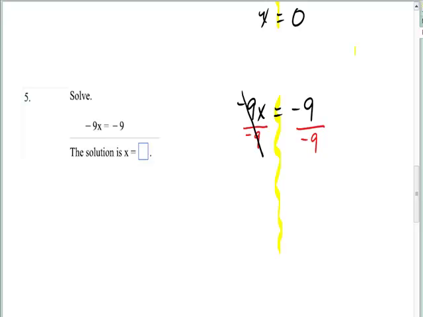These should always be identical and give you a 1, x. And on the right-hand side, just coincidentally, I get a 1 also. So x is 1. I could check it. -9 times the value of x, which is 1, is supposed to equal -9. And it does.